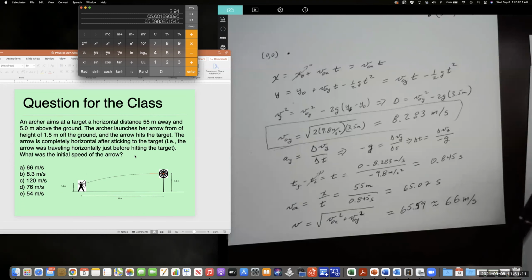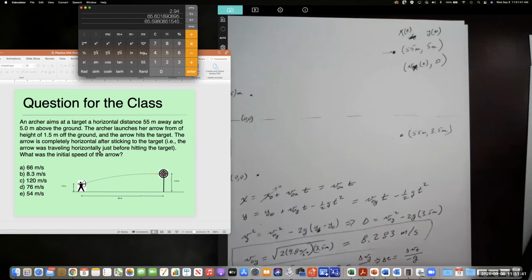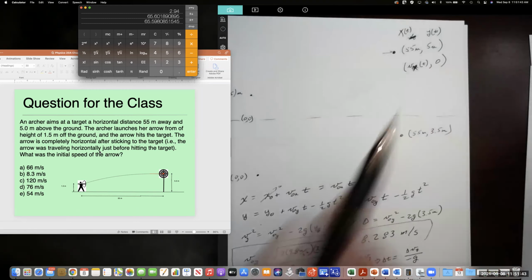One of the problems that students often have with this sort of problem is it says the arrow is completely horizontal after sticking to the target, i.e. the arrow was traveling horizontally just before hitting the target, right at the instant of hitting the target. That implies its y velocity is 0.